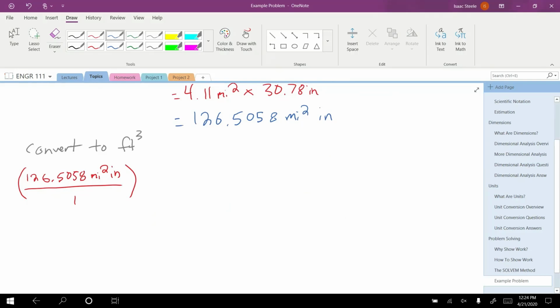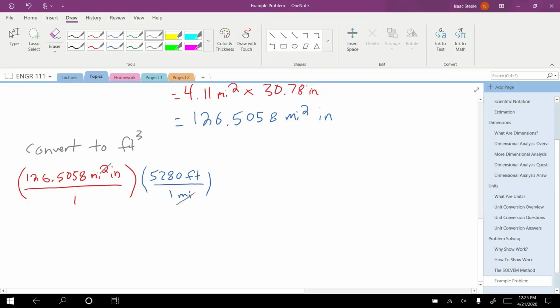Let's say that I want to cancel out miles first. I'm going to use my conversion for miles. I'm going to put my miles on the bottom so that it cancels out with the miles on the top. And this mile cancels out with only one of the miles up here.